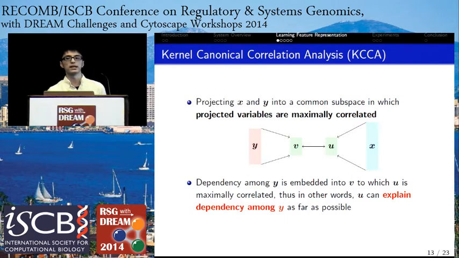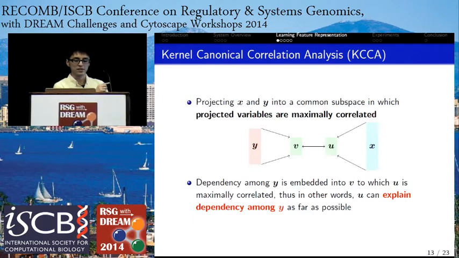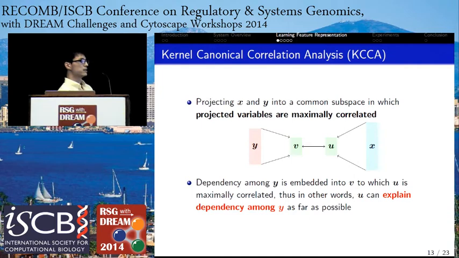In this illustration, X and Y are projected into U and V, which are lower dimensional compared to the original X and Y. As a result of this projection, the dependency among Y is embedded into the lower dimensional variable V, to which U is maximally correlated. Thus, in other words, we can expect U can explain the dependency among Y.